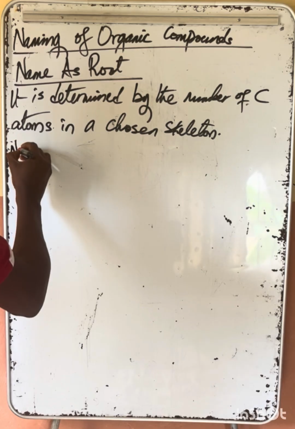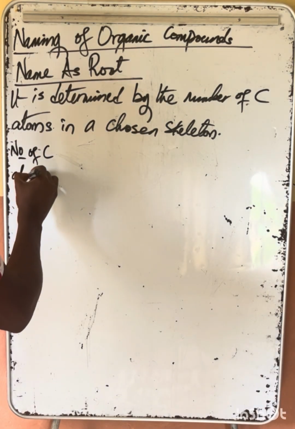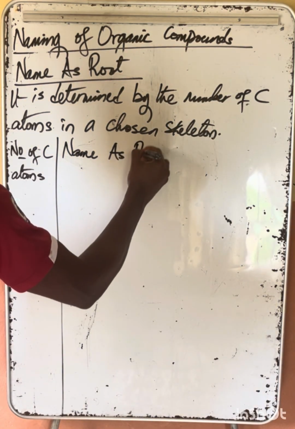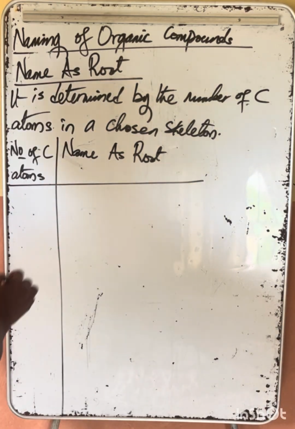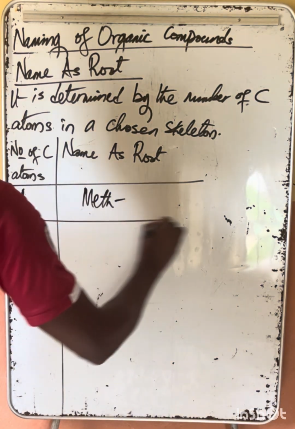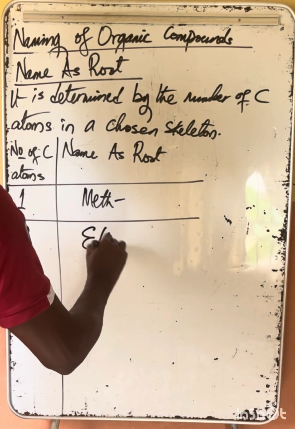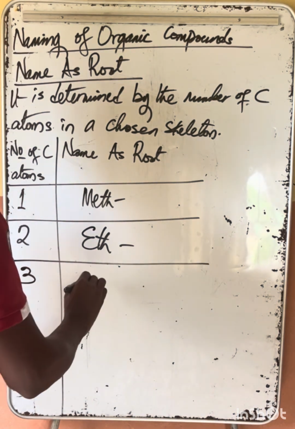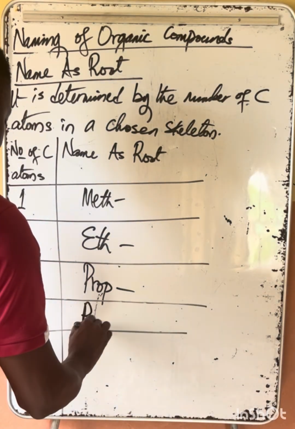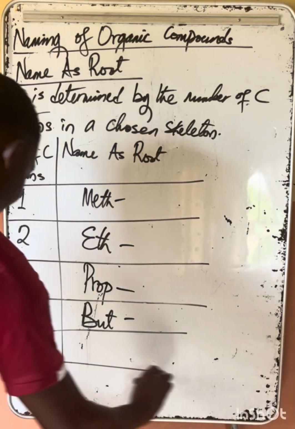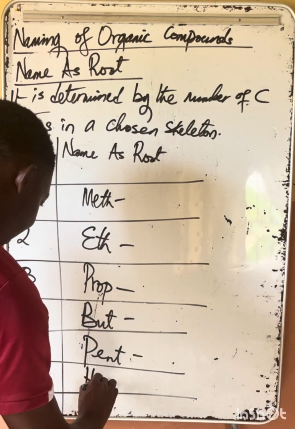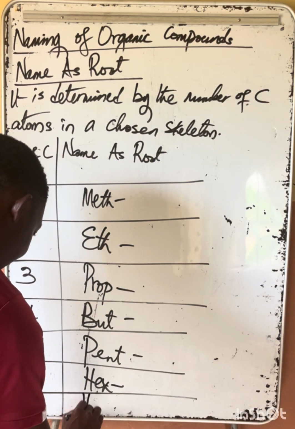So, number of carbon atoms and name as root: 1, the name as root is meth. 2, eth. 3, prop. 4, but. 5, pent. 6, hex. 7, hept.